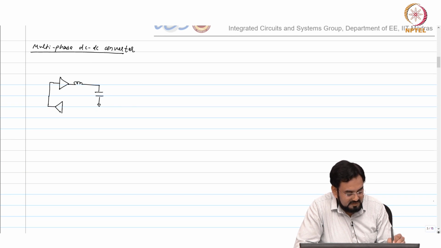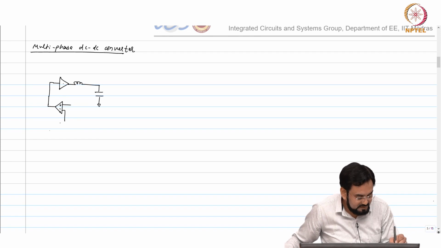So, I am not drawing the complete gate driver, you can think about this is your driver. This is your minus plus, ramp.